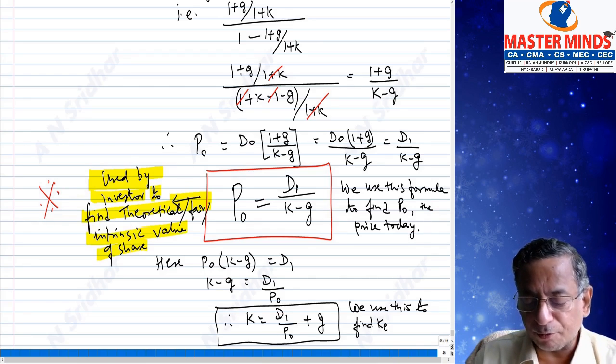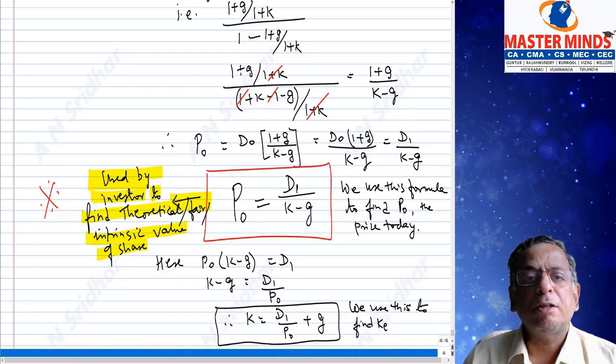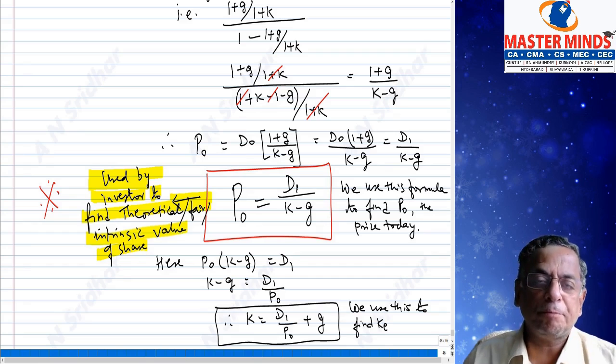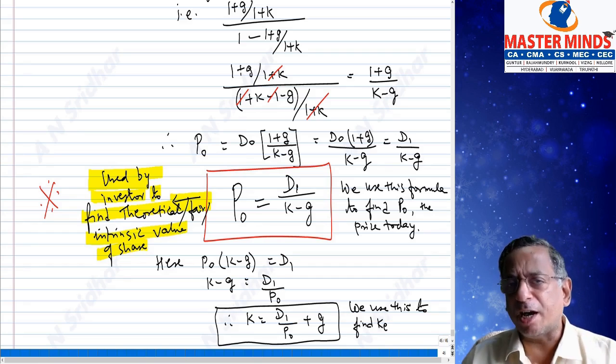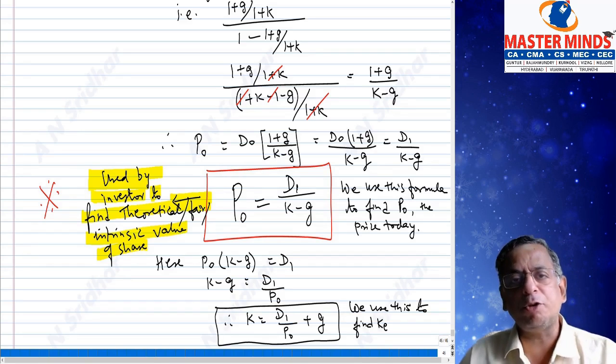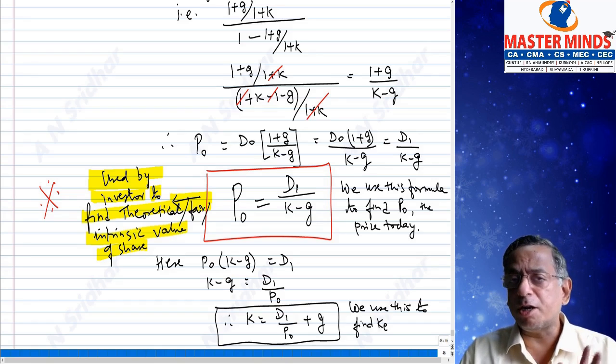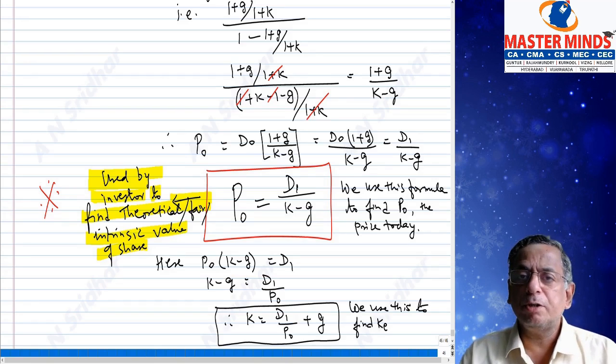So this formula is very important. In the exam they ask, calculate the theoretical price of equity share. So you have to first find, have they given dividend? Yes. Do you know K? Yes. Do you know G? Yes. So we use this formula. So Gordon's dividend discount model, DDM, is one of the most popular methods of finding the intrinsic value of share.